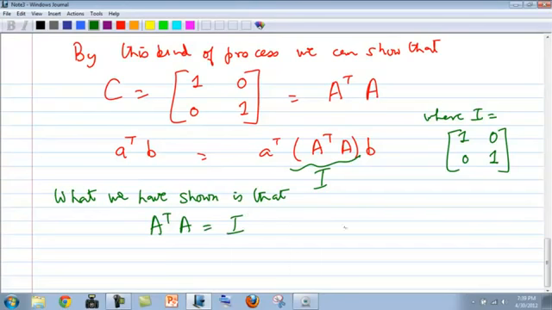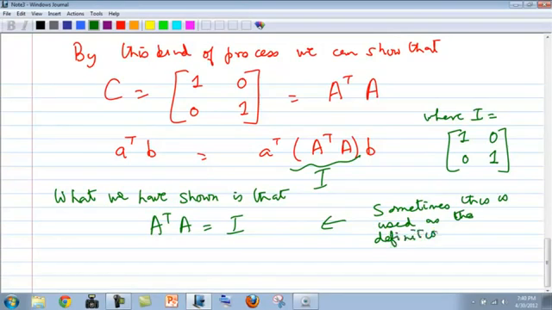And sometimes this is used as the definition of an orthogonal matrix. In other words, a matrix A is said to be orthogonal if it has the property that A transposed A is equal to I.